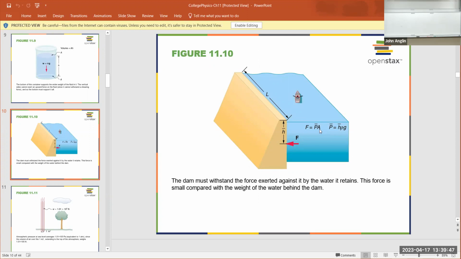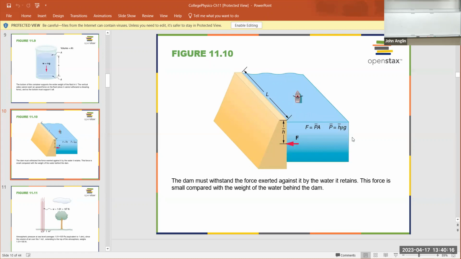But remember, what's pressure? Pressure is going to be a function of how deep you are, so how much stuff there is. So that's our h. Our rho, remember, is the density of water.